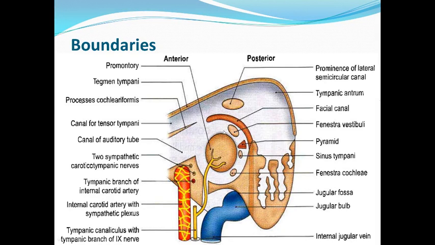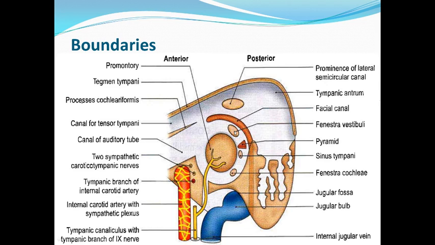When you study the labyrinth or the internal ear, you will discuss the cochlea, and the first turn of the cochlea forms the promontory. This promontory is grooved by the tympanic plexus, these plexus of veins, which groove this promontory.